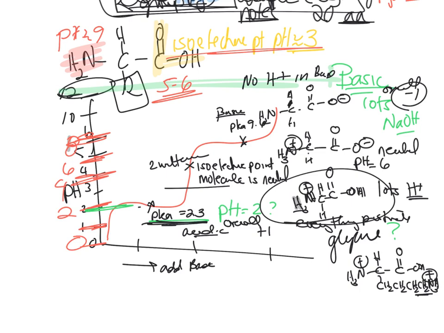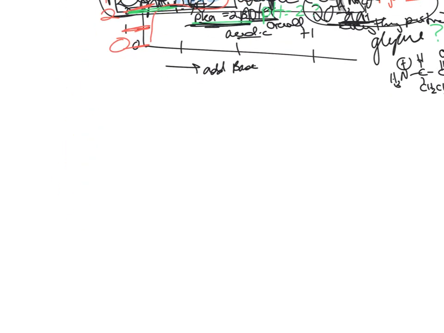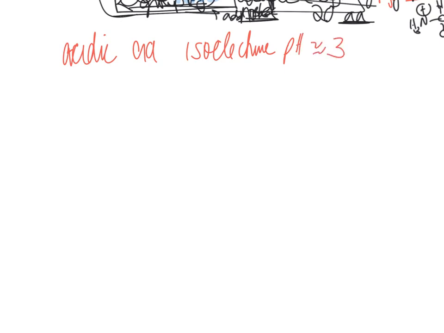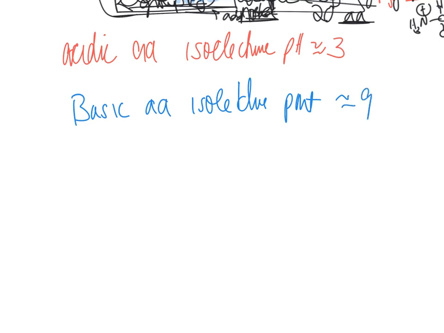Let me just tell you what this is again. This slide's kind of important here, so you do need to write this down. The acidic amino acid isoelectric pH is around 3. The basic amino acid isoelectric point is around 9.